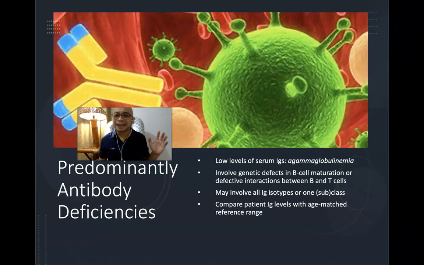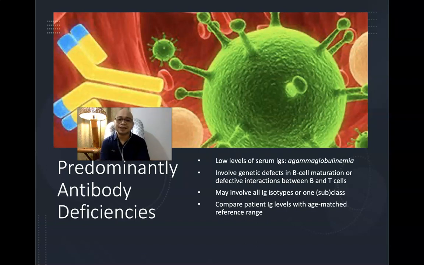So, again, as a review, there are 5 classes of immunoglobulins. However, when we say predominantly antibody deficiencies, this may involve all immunoglobulin isotypes or may even include just one subclass or even one class only.